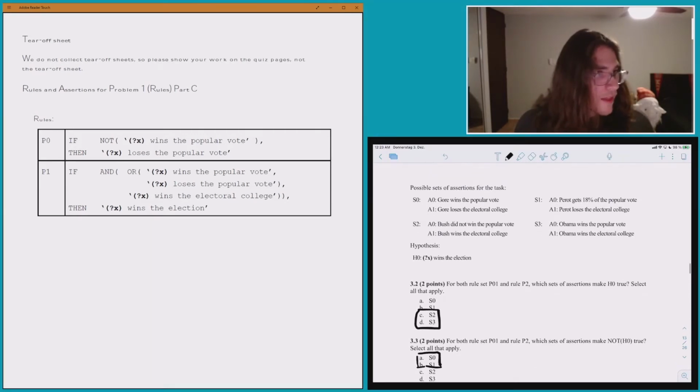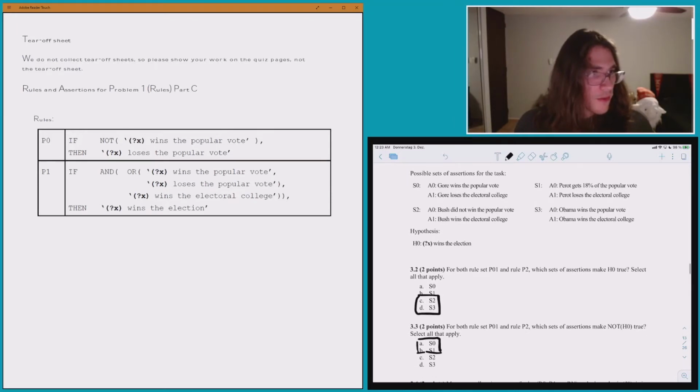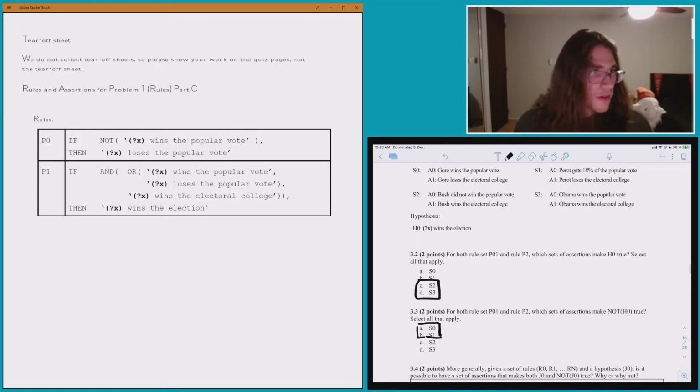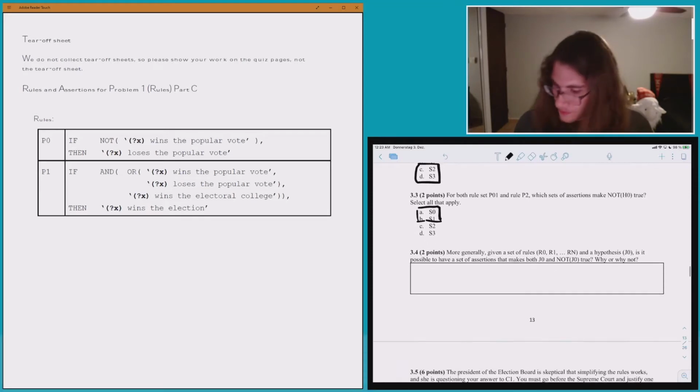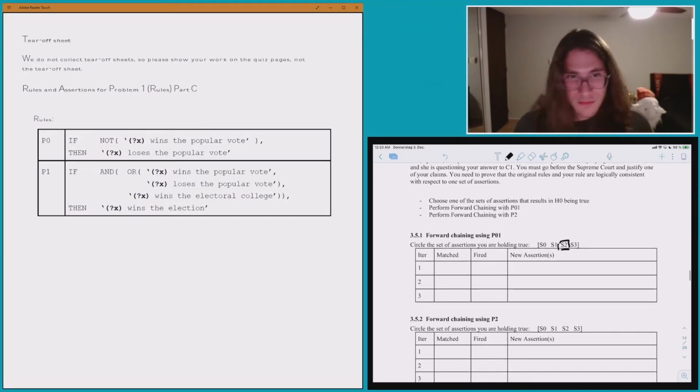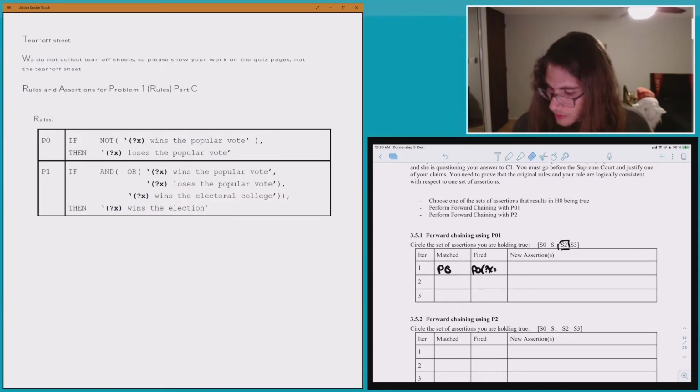That means that not X wins the popular vote is matched, and let me just start writing before I forget what I'm saying. P0 with X equal to Bush. And then I get the following assertion: Bush loses the popular vote.